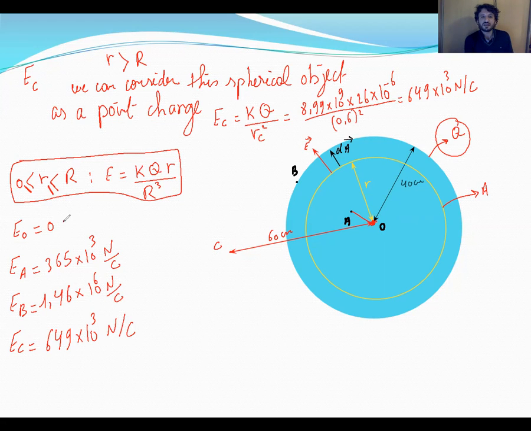So E equals 0. At the point A, only this quantity of charge will create a field.